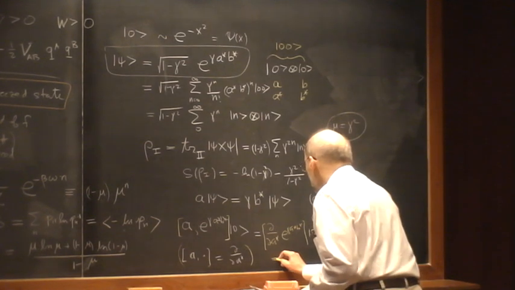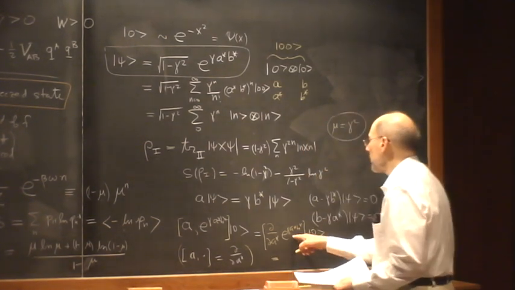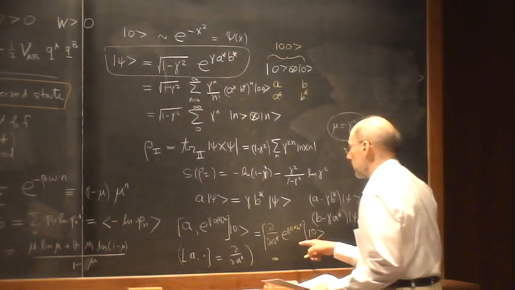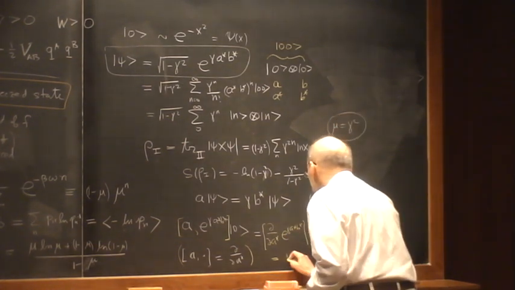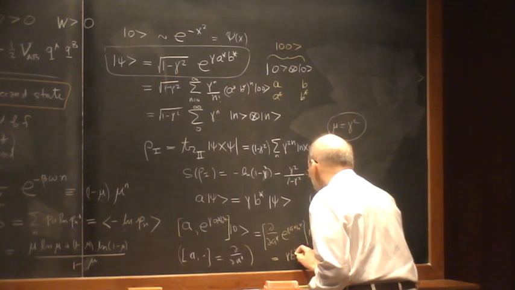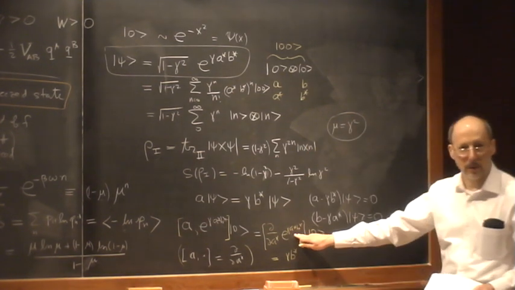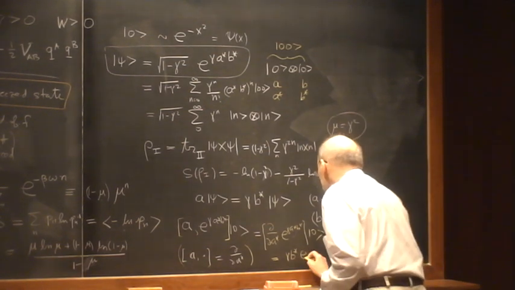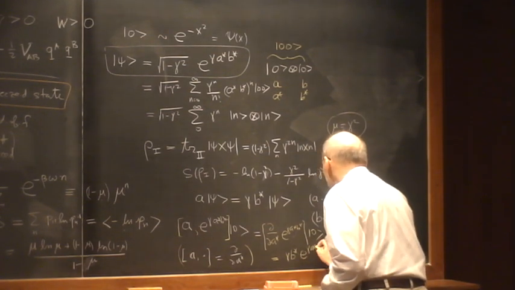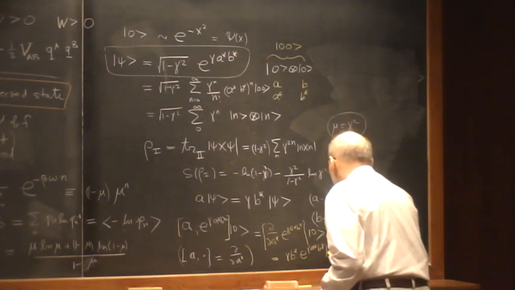If you imagine expanding this out as a series, this is just equal to gamma B star. Everything here commutes with everything else, so there's no issue with factor ordering. So it's just gamma B star times e to the gamma A star B star on the ground state.